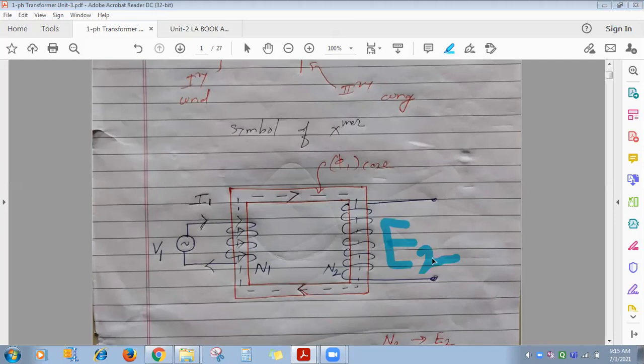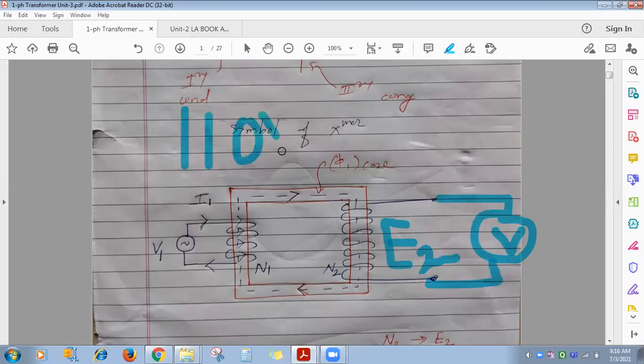Okay, so EMF gets induced in the secondary winding. Now here, all of you can see the secondary is open or closed? Open. Very good, it is open, isn't it? So across this secondary, if I connect one voltmeter, what will happen? It will give you some reading, and that is equal to this E2 value. I told you for the fifth experiment, the transformer you are going to use has a specification of 110 volts / 220 volts, isn't it? So what does it mean?